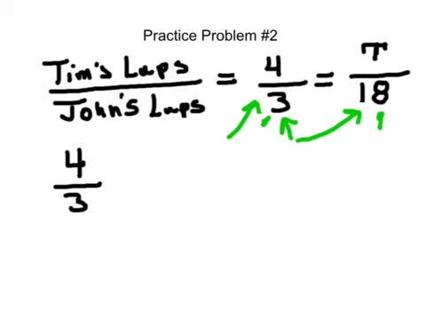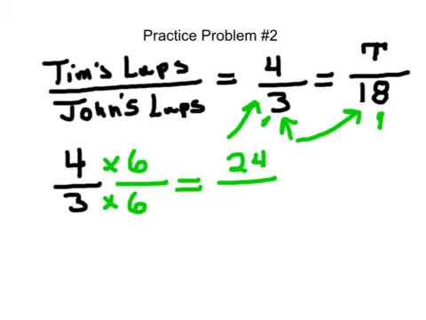The answer is 6. So you multiply the numerator by 6 and the denominator by 6, and you get an equivalent fraction, which is 4 times 6, or 24, over 3 times 6, which is 18.